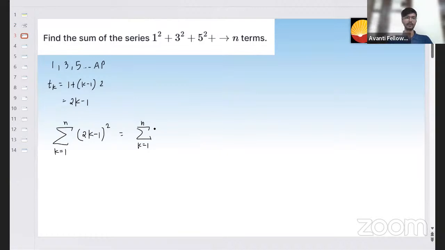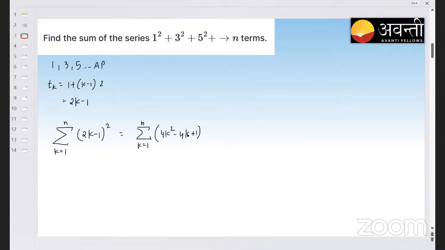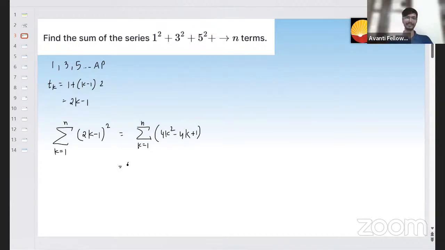Let's open the bracket: 4K square minus 4K plus 1. So I can write it as 4 summation K square minus 4 summation K plus summation 1. I'm not writing from 1 to n because it is the same.